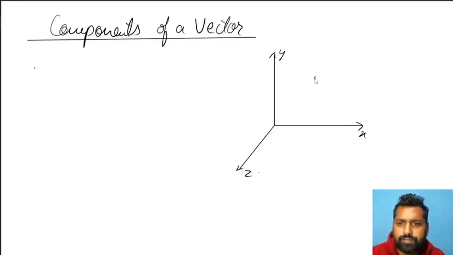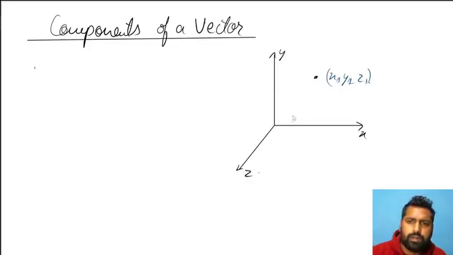So you have, say, a point here, the coordinate is, let's say, x1 y1 z1. So the position of this with respect to origin will look like this. This is the origin O, this is our point P.